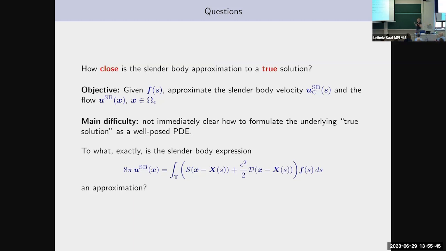At the outset, it's not immediately clear how we can formulate this problem as a well-posed PDE, because it seems like there's a dimensionality mismatch here. So in order to talk about how good of an approximation slender body theory actually is, we have to know what we are actually trying to approximate with slender body theory.